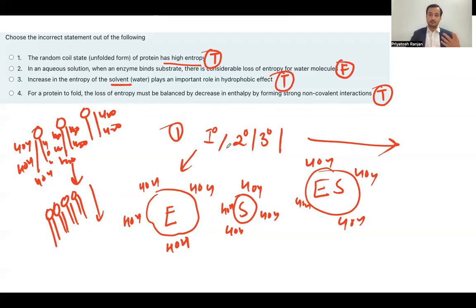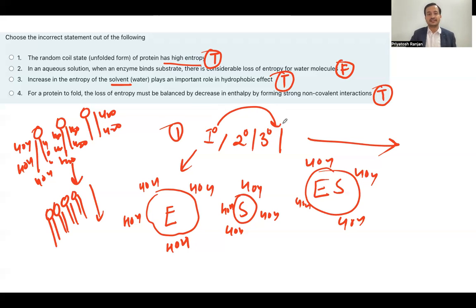Now the entropy of the protein by itself is decreasing. There is a lot of biology that happens when the protein gets folded. I hope you all are familiar with the term funnel theory of protein folding. So the entropy of the protein by itself is getting decreased.